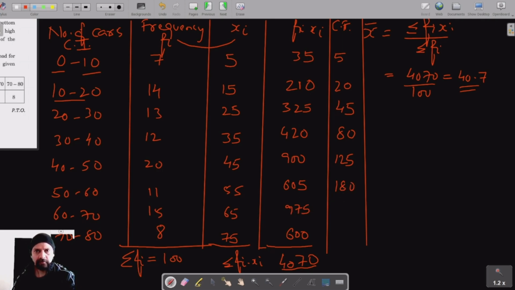180. And we have to find the cumulative frequency. Sorry, I have added the class marks, we have to add the frequency.